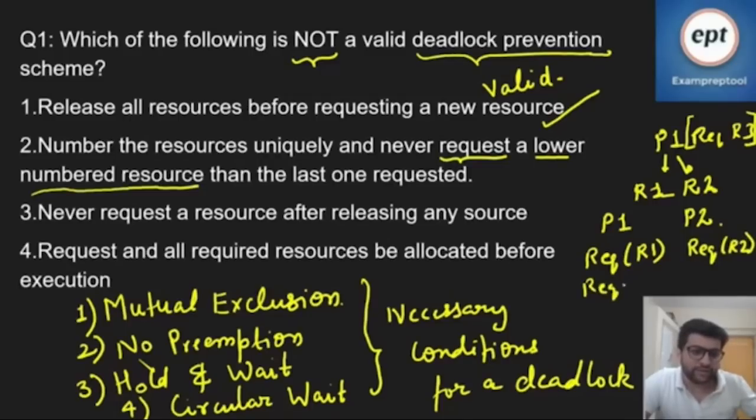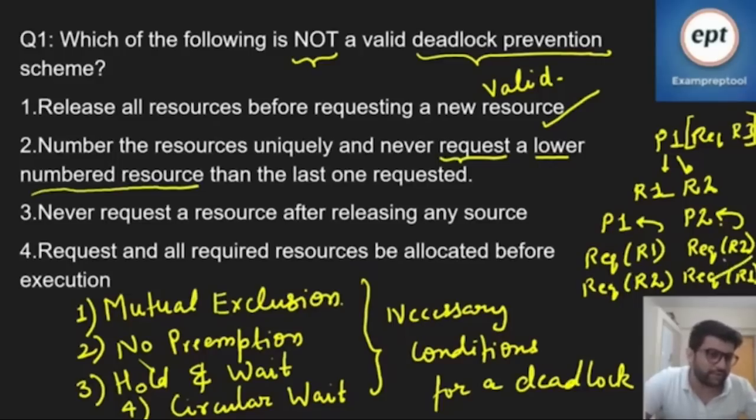Now P1 wants a resource R2 and P2 wants a resource R1. If P1 gets the resource R1 and P2 gets the resource R2, since we are not allowing a request to a lower numbered resource, P2 cannot request this. Hence, we are avoiding the circular wait condition. Hence, this is also a valid deadlock prevention scheme, right?